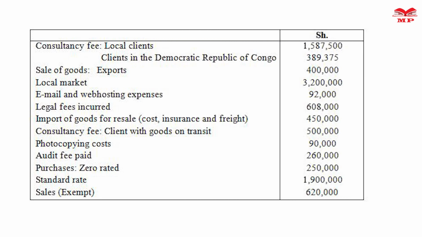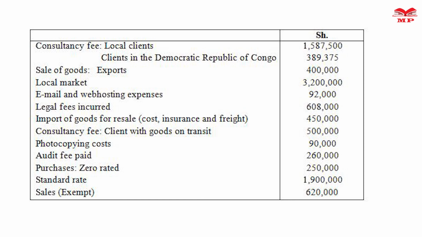Then photocopying costs, that is an input, so he claims input VAT. Audit fee paid, he claims input VAT. Purchases that are zero rated, he is going to pay VAT at 0%, and standard rated, he pays input VAT at 16%. Exempt sales, 620,000.